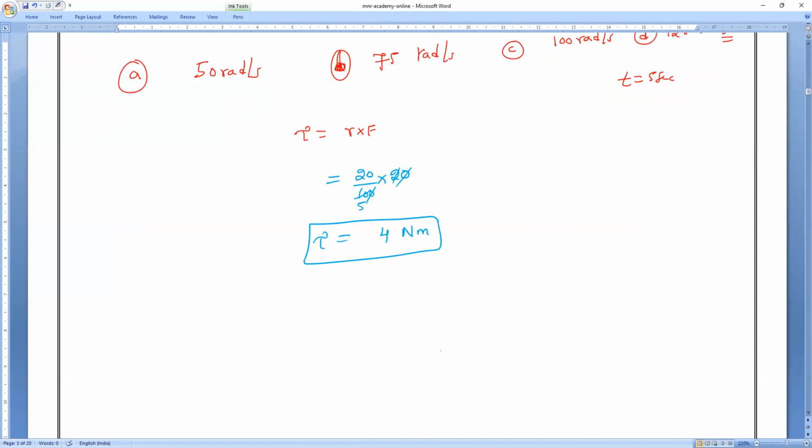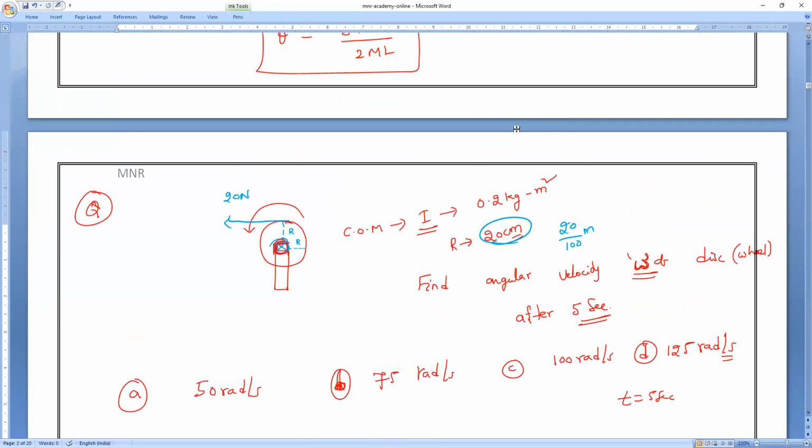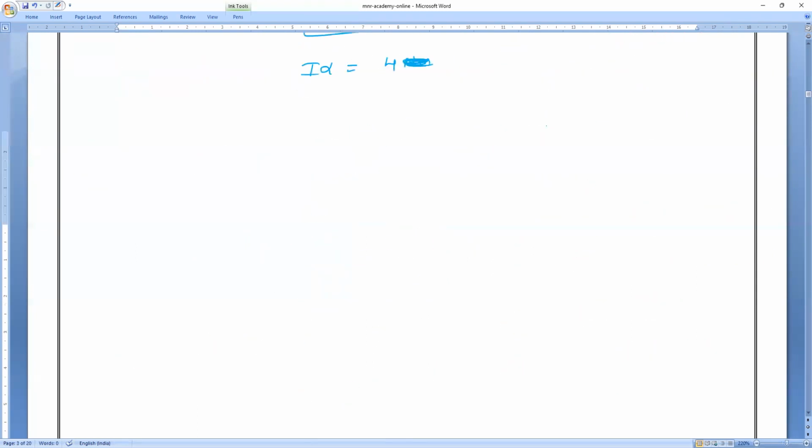Now we know tau means I into alpha. So I alpha is equal to 4 Newton meter. What is the I value? They have given it: moment of inertia 0.2. So 0.2 into alpha is equal to 4.